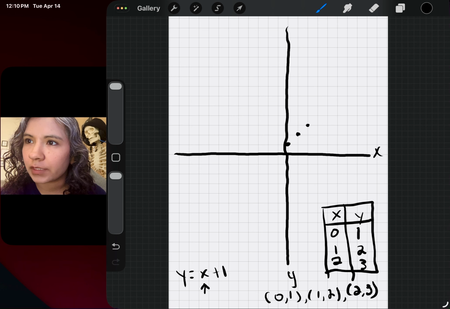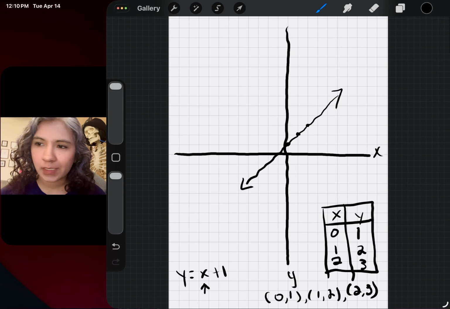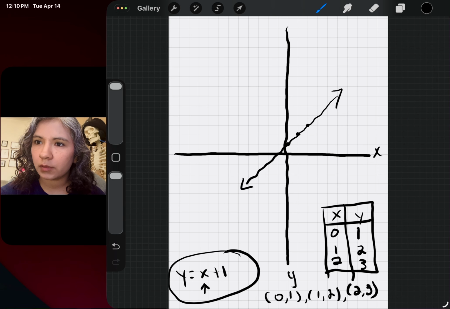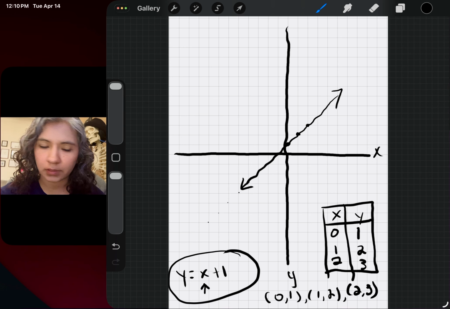And if we did a straight line, it would go like this. So these points are on that line that go with this equation. There are many more points that can keep going, so that's why the arrow is there.